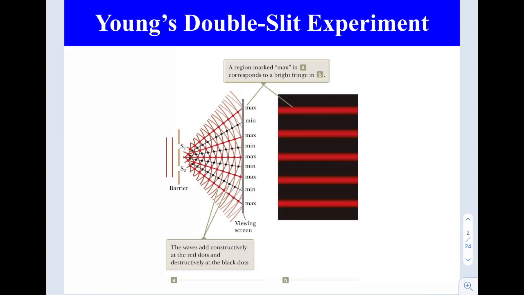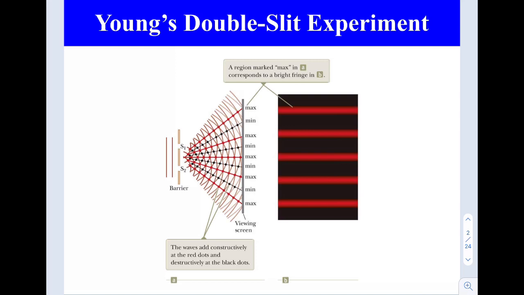This is the schematic diagram of the apparatus Young used, shown in figure A and B. This is the setting. This is the output of it, the image on the screen.